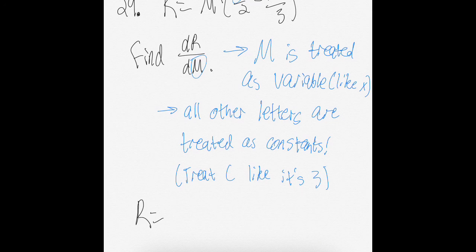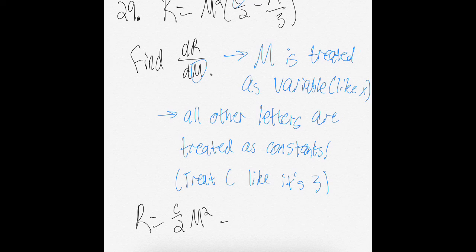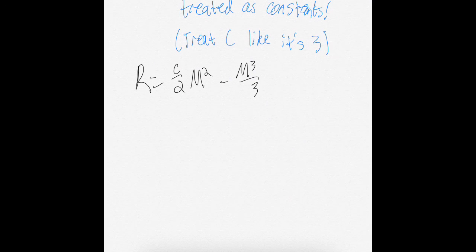Okay, so let's go ahead and do this. There are different ways of doing it. You could use product rule from the get-go, but I think if I distribute this m squared, that'll actually make my life easier, because then I'll get c over 2 m squared minus m cubed over 3.